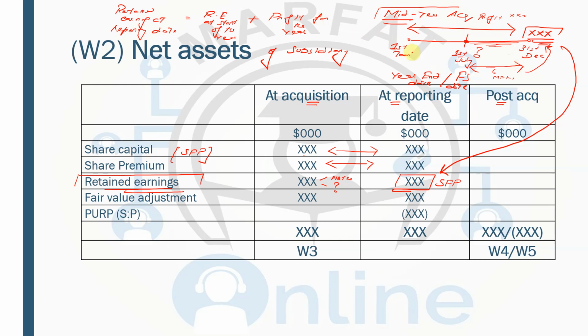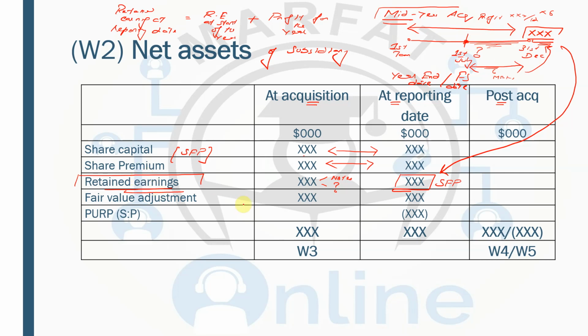Sometimes we need to calculate the retained earning at acquisition. So we take the retained earning at reporting date and deduct the profit of these months. In this example it's 6 months, but it can be any figure. You take the profit, divide by 12, because this profit belongs to 12 months, multiply by 6, and deduct this amount from the retained earning, and you will reach here. So this is the reverse calculation.